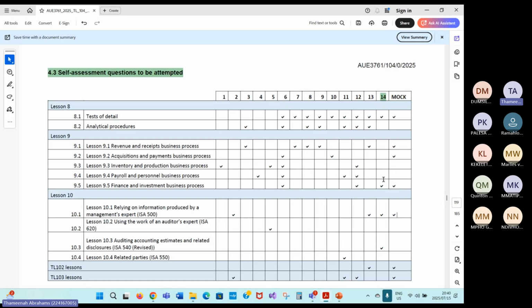So I will leave question 14 for tomorrow night, because question 14 touches on investment property and management expert, because remember management expert relates to the investment property, and it relates to estimates, because remember investment property is an estimate. So there's a lot of fair valuing and assumptions and estimates being used. I wanted to work through it, but we're not going to tonight because of time. So please, guys, go work through this, and I will work through question 14 tomorrow night.